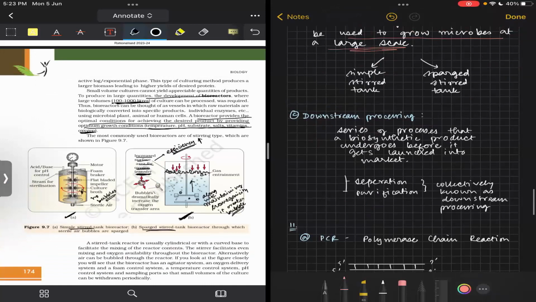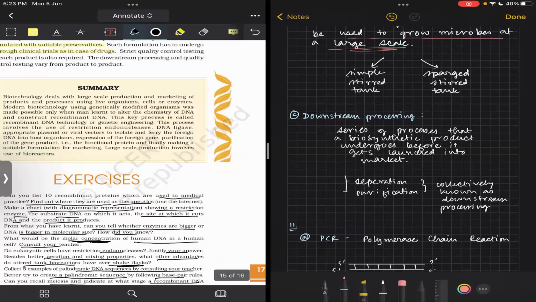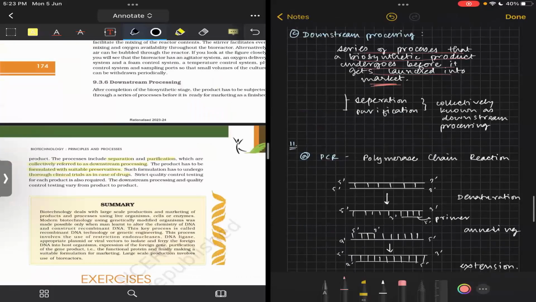So what is downstream processing? Downstream processing is the series of processes that a biosynthetic product undergoes before it gets launched into the market. So basically, two processes occur. One is separation, and second is purification. So in a bioreactor, we are creating the product.